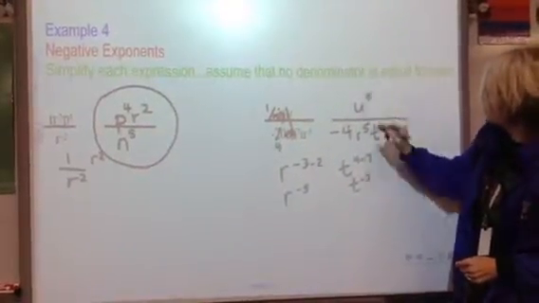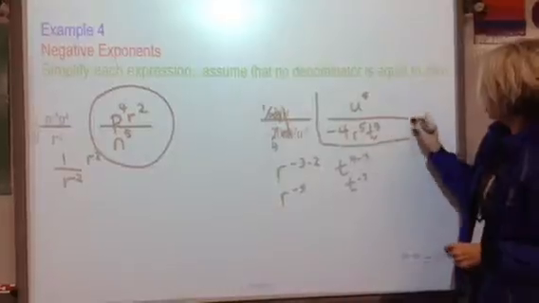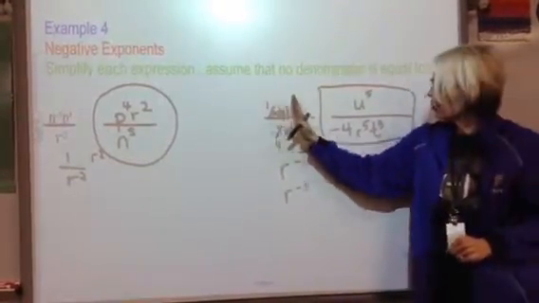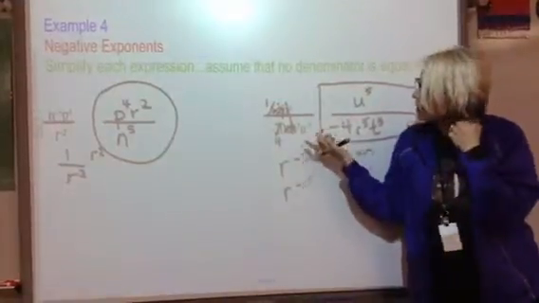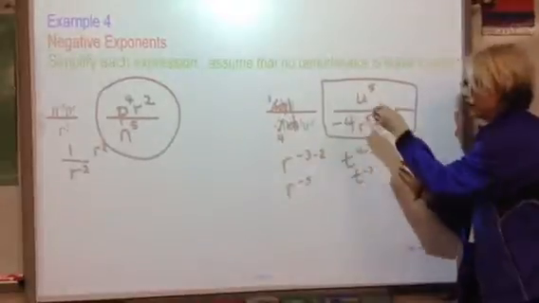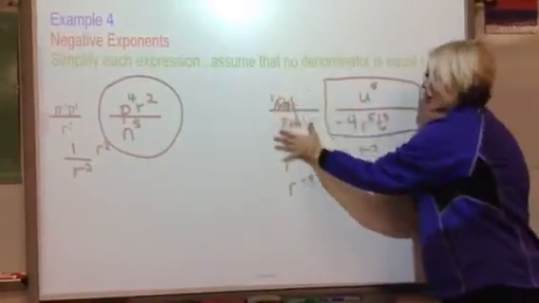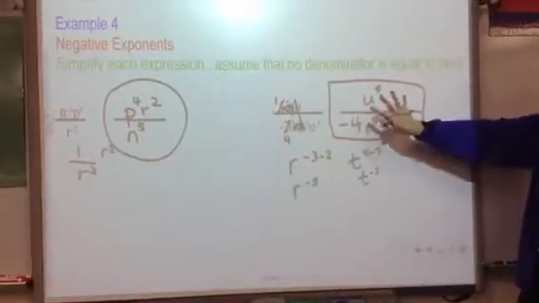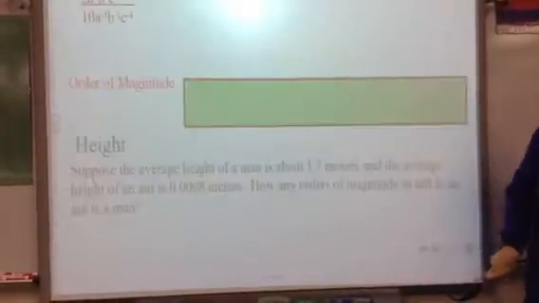So this would just be u to the power 5 over negative 4 r to the 5th t to the 3rd. I just take it one step at a time. Now, if you look at the example in the book, it actually works out each one at a time. I think you can use this the way that I did. Try the example in your notes, and remember, just let me know if you have questions.